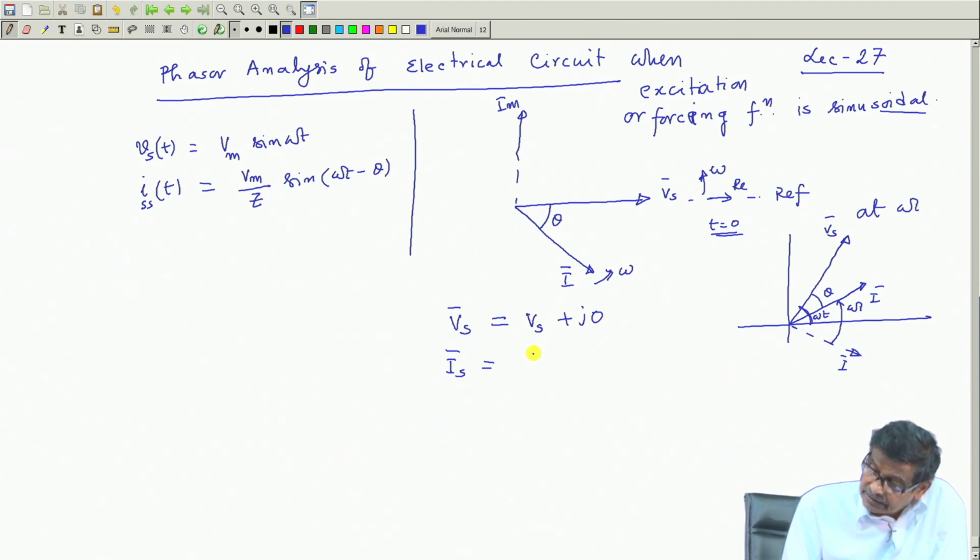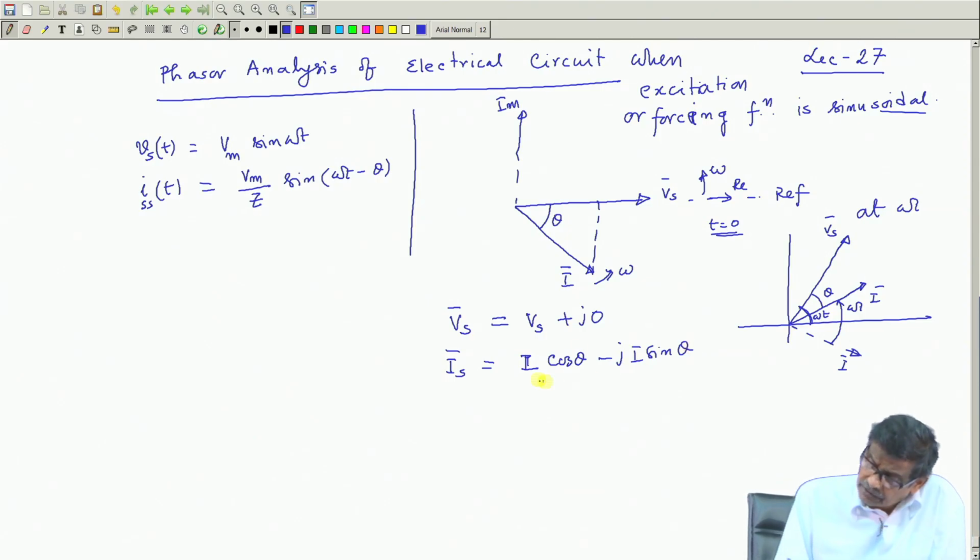I bar, on the other hand, has a real part whose magnitude will be this length times cosine theta, and if you break it up into two components, it is I cosine theta minus j I sine theta.